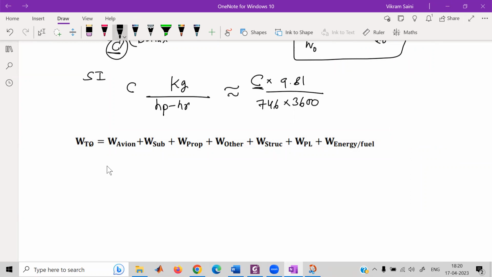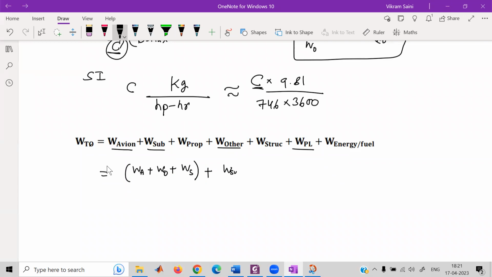So avionics, other, and payload. These are the known weights. So you club them together, WA, WO, and WS, and you know the fraction of other weights. You know the fraction of this. So what you do is you write it in terms of fraction.